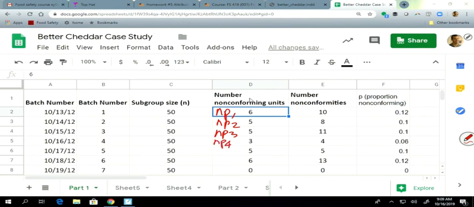There are 21 NP numbers, number non-conforming values here. But to get that, you could go 0.12 times 50, which is the same as 6. Like here, we have 0.1 times 50 is 5. So N times P, that's why we call it NP.